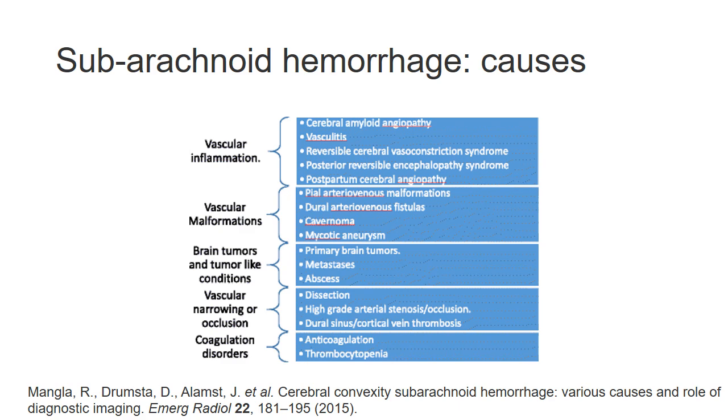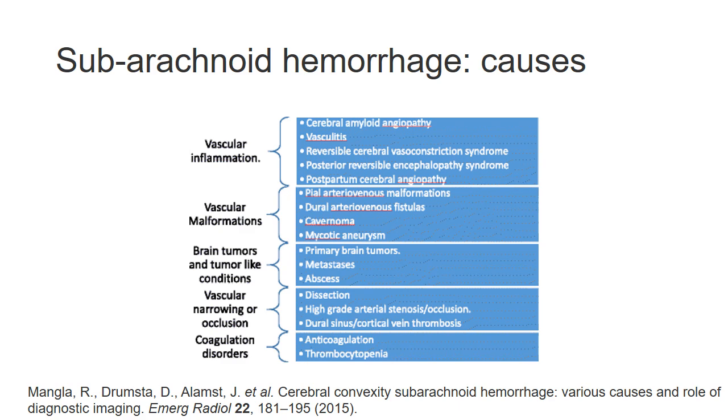There may be vascular inflammation like seen in cerebral amyloid angiopathies, vasculitis, cerebral vasoconstriction syndrome, postpartum cerebral angiopathy, vascular malformations which may be pial or dural arteriovenous fistulas, cavernomas, mycotic aneurysms, brain tumors, primary or metastatic, abscesses.